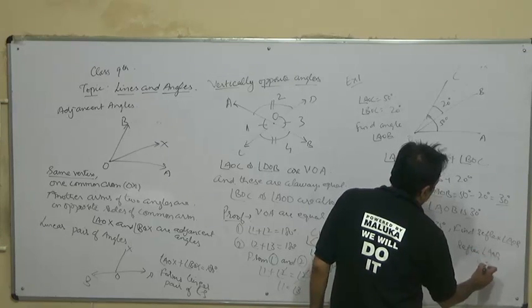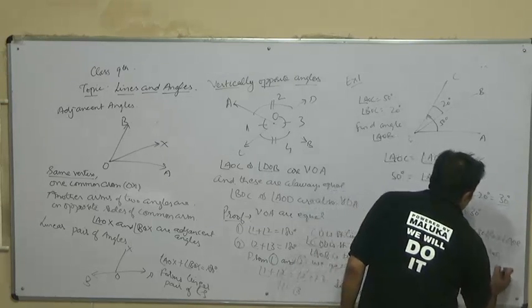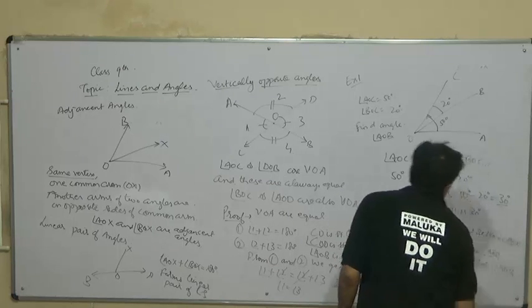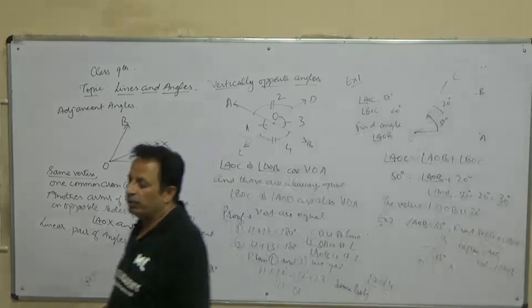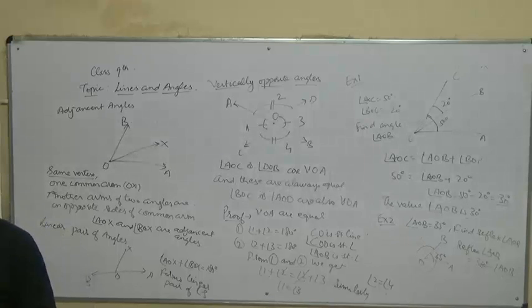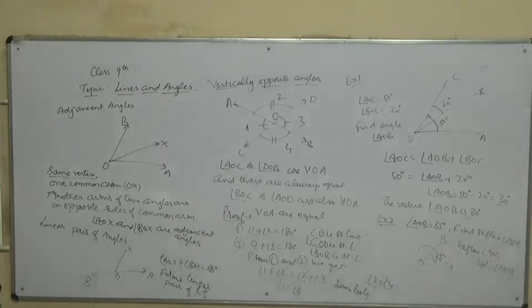What we have to do is subtract angle AOB from 360 degrees. So make this formula very clear in your mind: whenever you want to find the reflex of any angle, subtract that angle from 360 degrees.